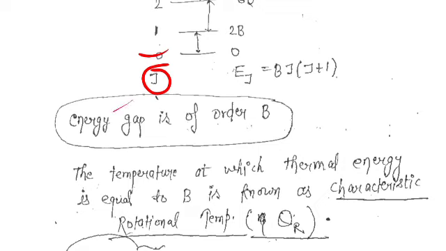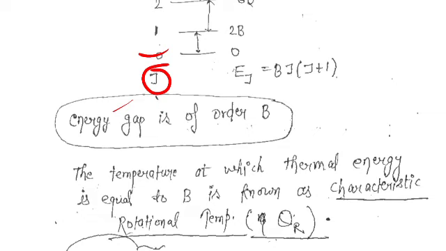Alright, now one more thing I am going to introduce here is the characteristic rotational temperature, which is denoted by theta r. All right, so what is this?